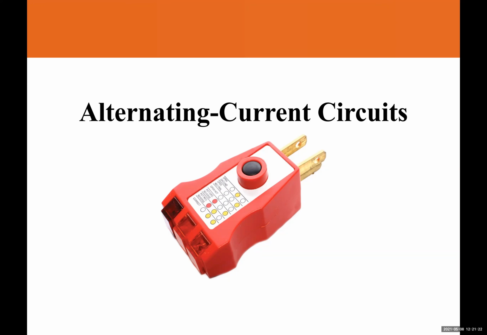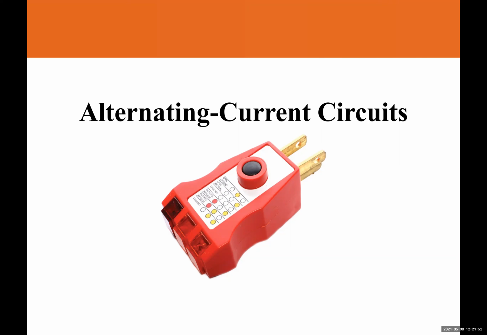But all of those circuits that we've studied up to this point used what we call direct current, or DC. They were DC circuits, meaning that they were connected to a battery, and those batteries provide constant voltage, constant current, and the current is always in the same direction when you connect your circuit elements to these batteries.